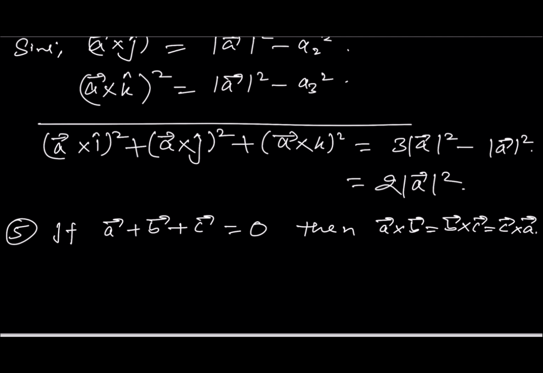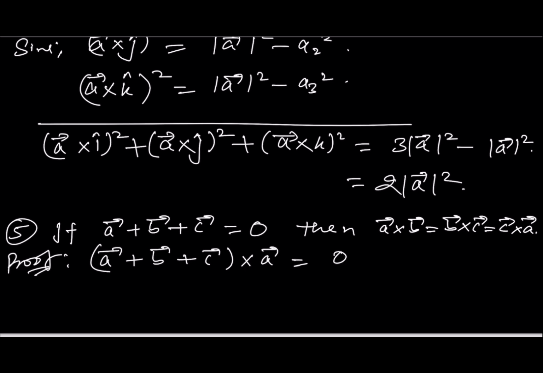Okay, let's see its proof. What is given to us? A plus B plus C is null vector. So if I take cross product both sides with A vector, then what I will get? A cross A is 0, so B cross A plus C cross A is 0.